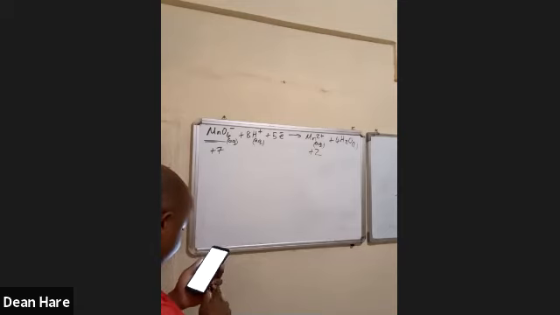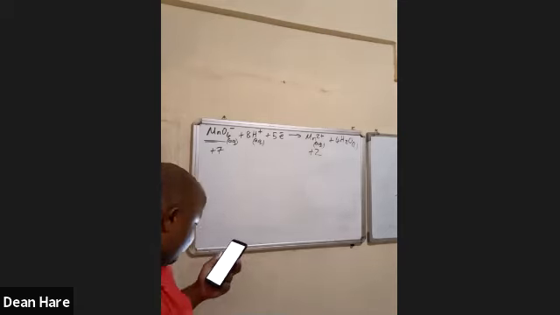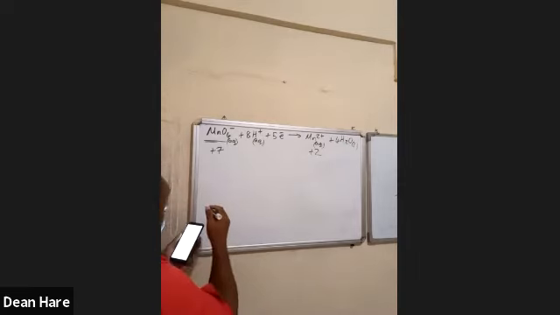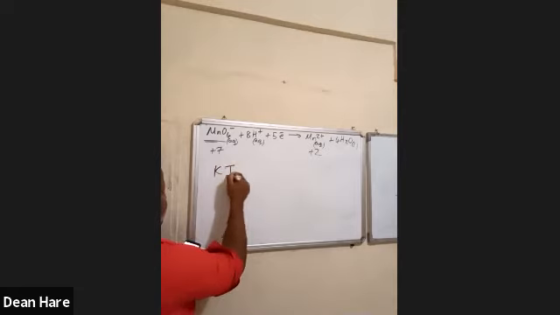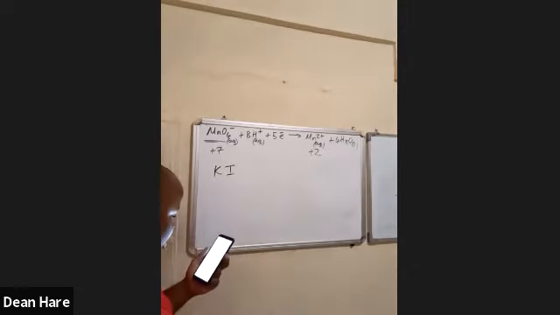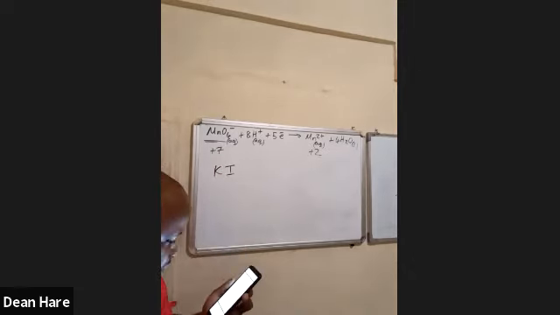Now, the next part of the question says an aqueous solution of potassium iodide. So this time we have potassium iodide. Let me put it on the board for you.